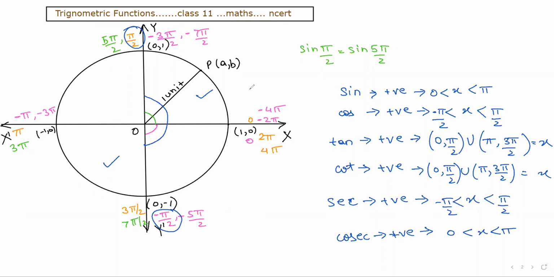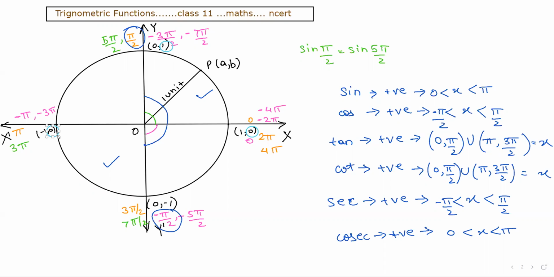Like we know that sine value is increasing from 0 to pi, but how is it varying? We know that sine value is represented by the second value, the y coordinate of these coordinates which is mentioned. So this is your sin x value.